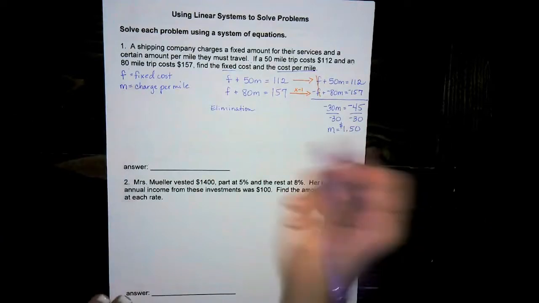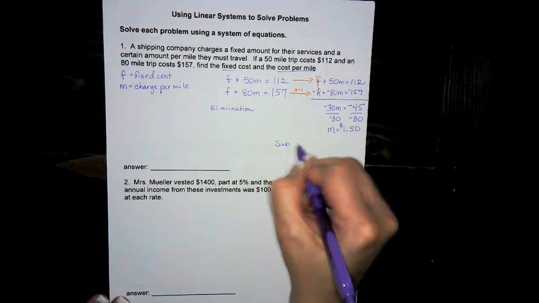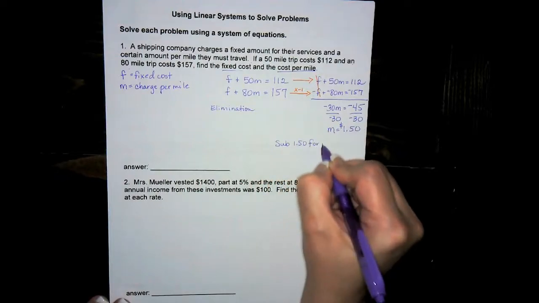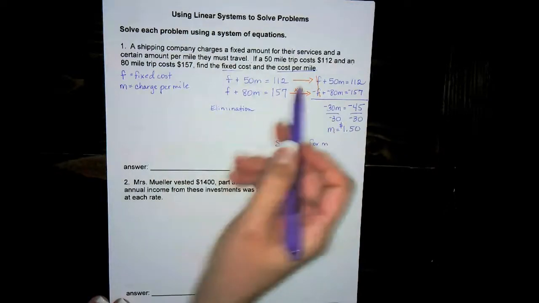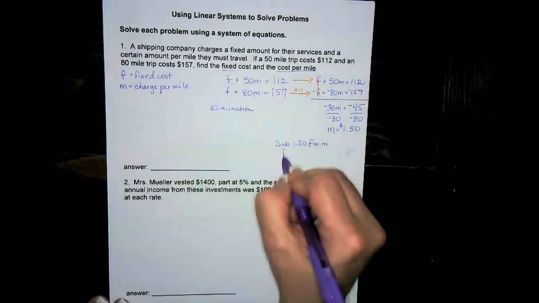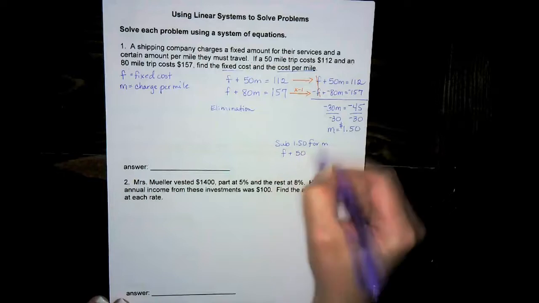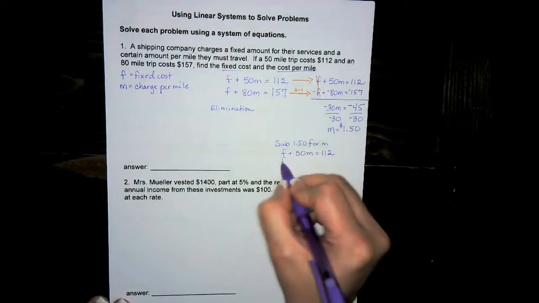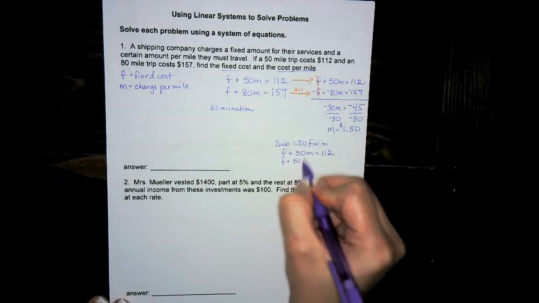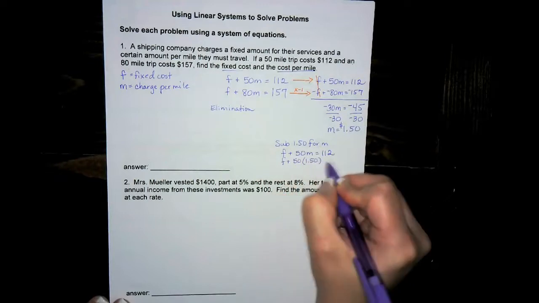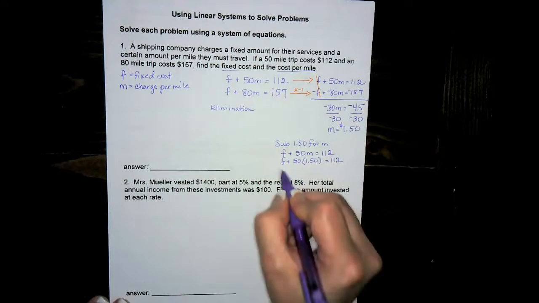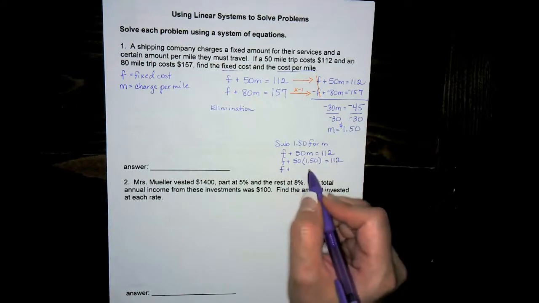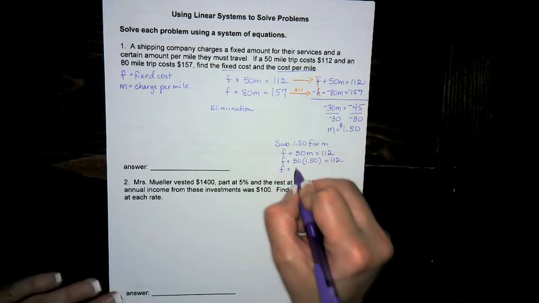Now, my last step to solve is I'm going to sub $1.50 for M. And remember, you get to choose whichever of the two equations you want to. I'm going to just use that first one. And in place of the M, I'm going to put 1.50. So I've got 1.50 times 50, and that's going to be 75.